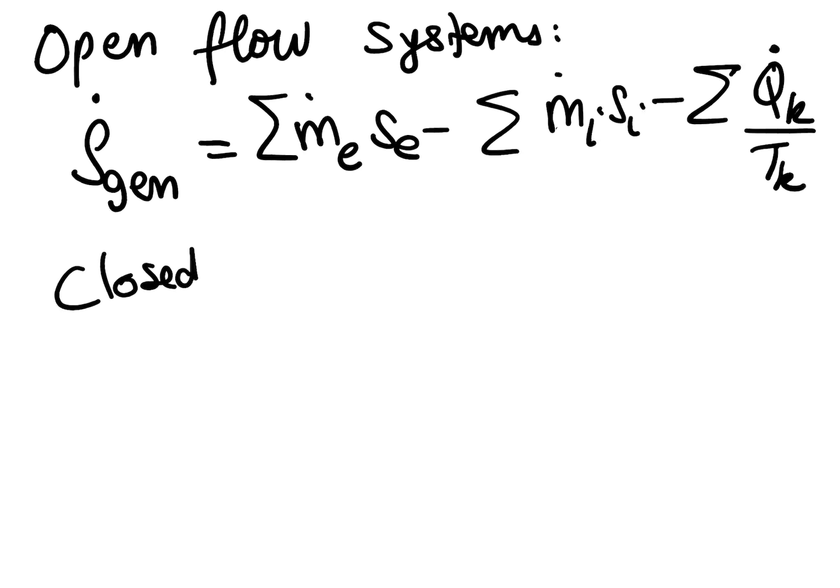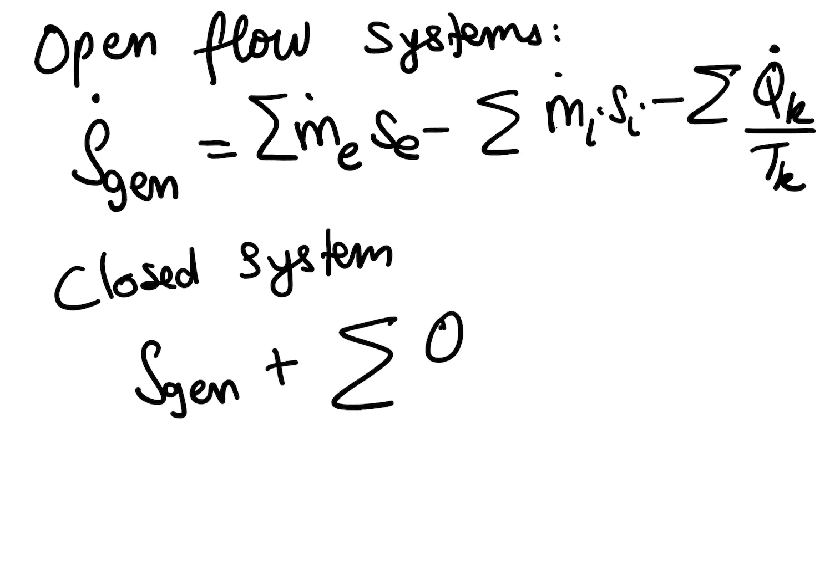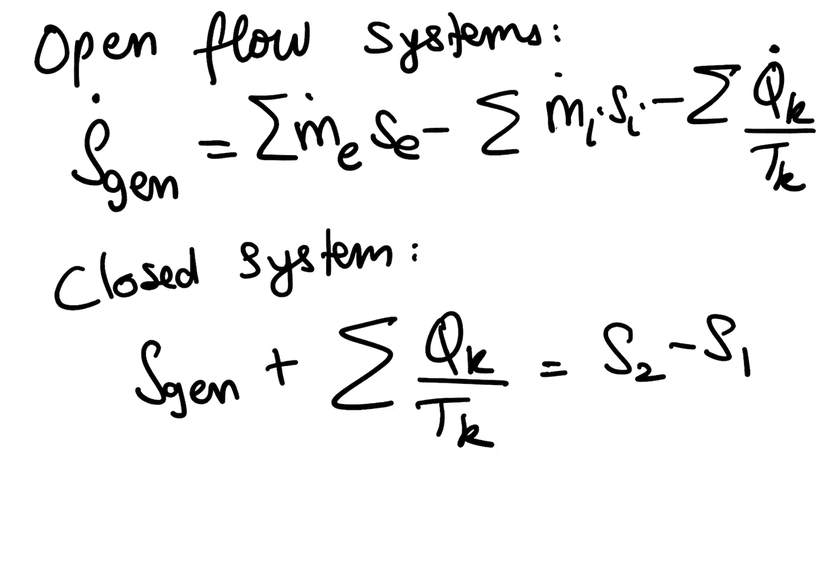For closed systems, or systems with no flow but only heat transfer, entropy generation plus summation Qk over Tk equals S2 minus S1. So these are the two main equations that you should know for solving problems in this unit.